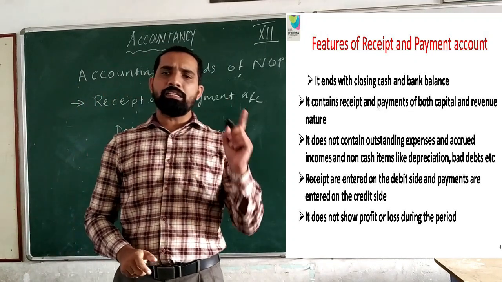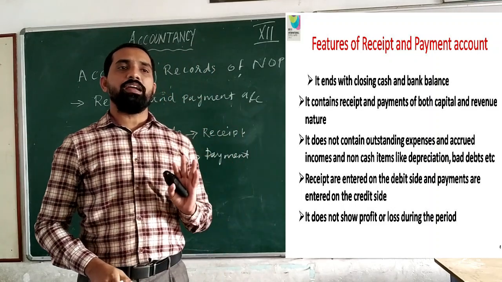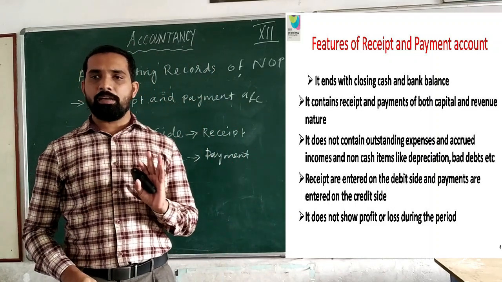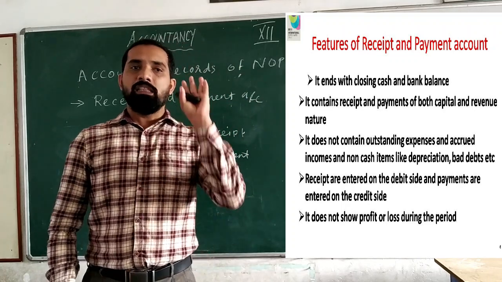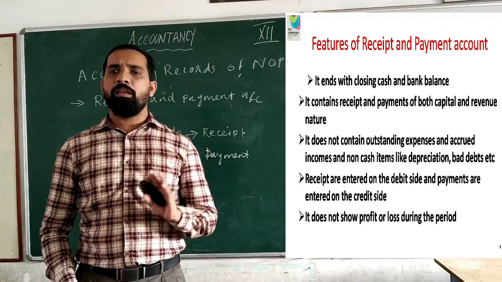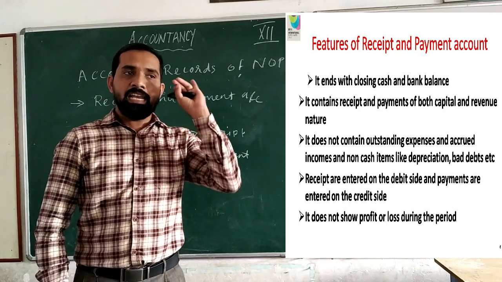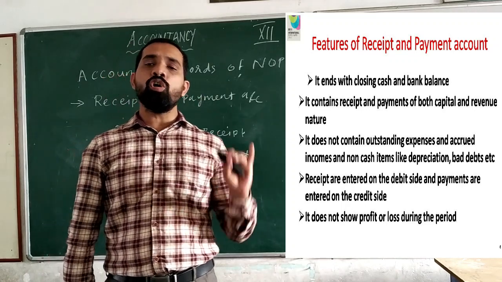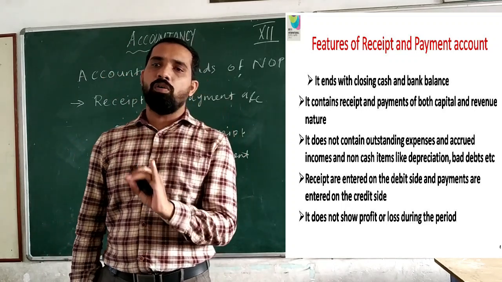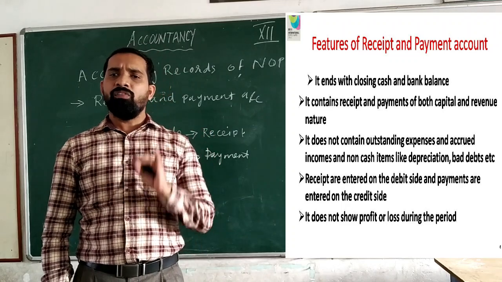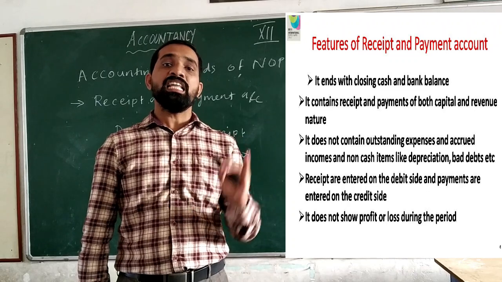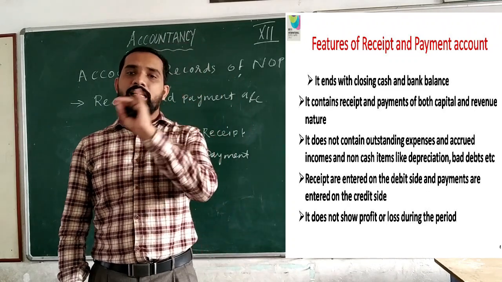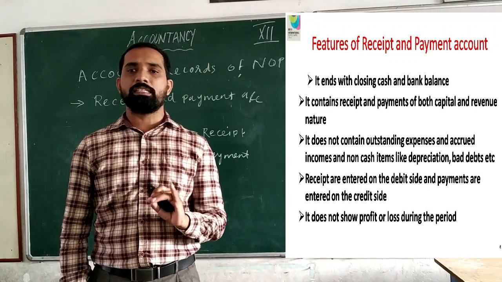Receipts are entered on the debit side of the receipts and payments account, and payments are entered on the credit side of the receipts and payments account. And the last point, it does not show profit or loss during the period. Why? Because it is a not-for-profit organization. They are focusing on services to the society.